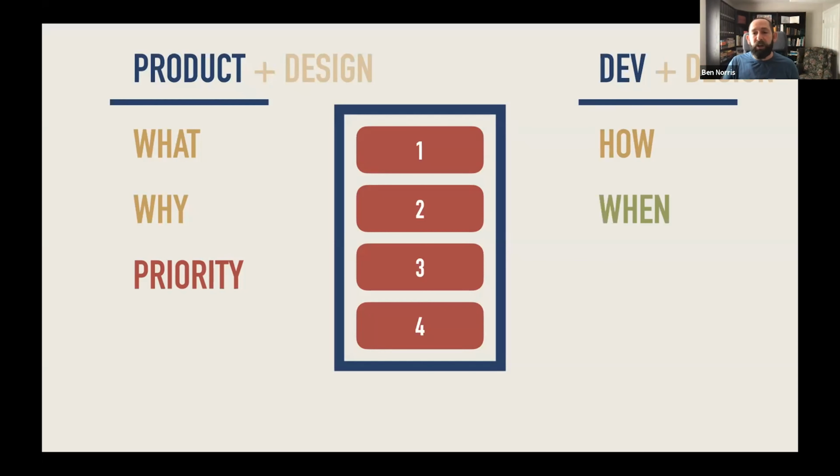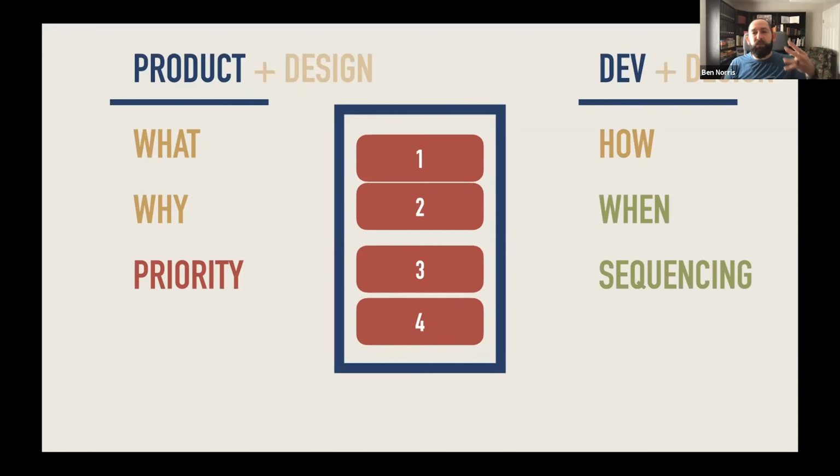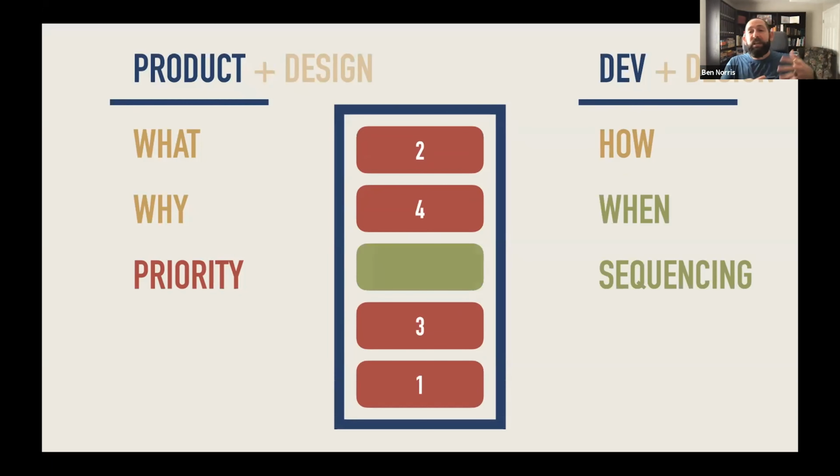Engineering is also responsible for when things will be built, and particularly for the sequencing. So if we look at these 4 items, we might sequence them differently and say, even though number 1 is the highest in priority, it should be built last of these 4.